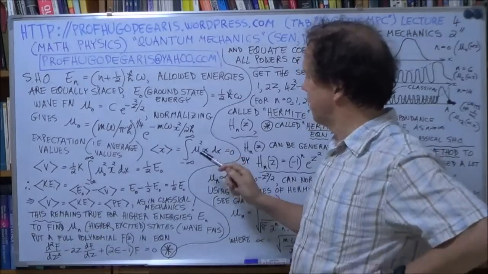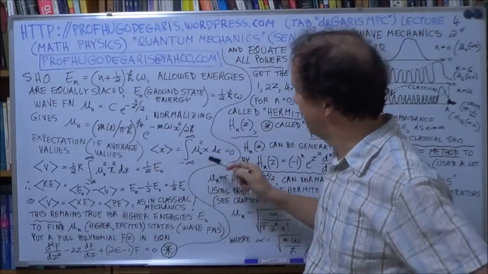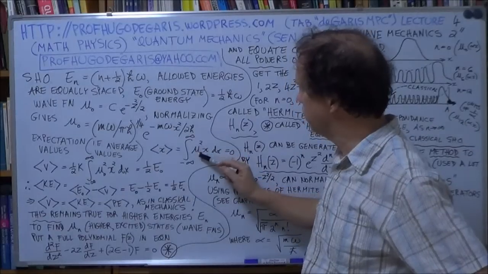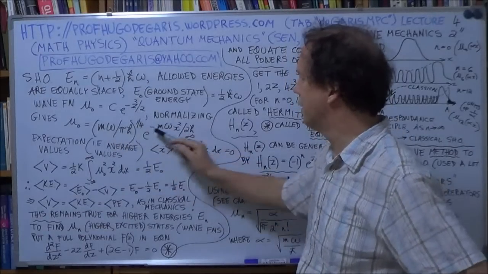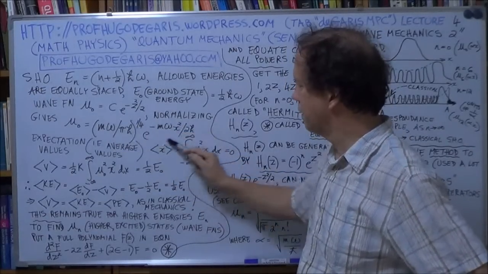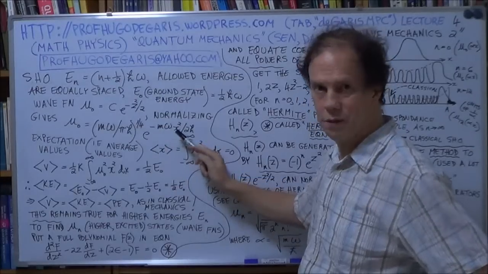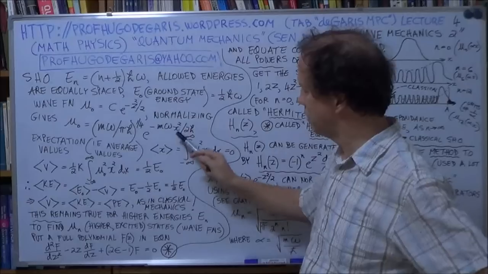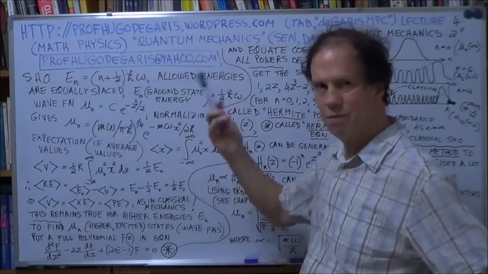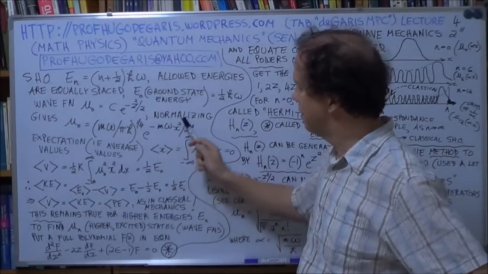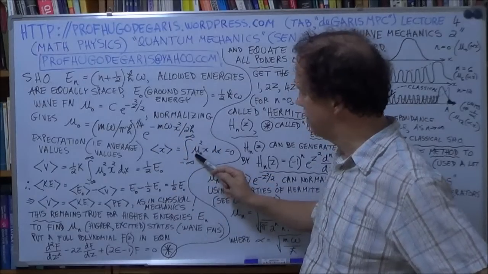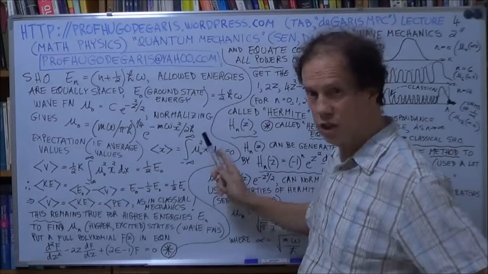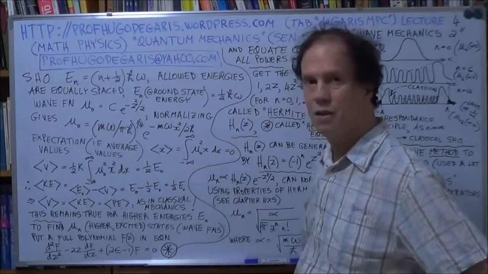And that turns out to be the case because, well, why? Have a look at U0. Here it is. This is an even function, right? It's a function of x, so f of minus x, well, you put a minus x here, but it's squared, so it makes no difference. So U0 squared is an even function times x. Well, x is obviously an odd function.